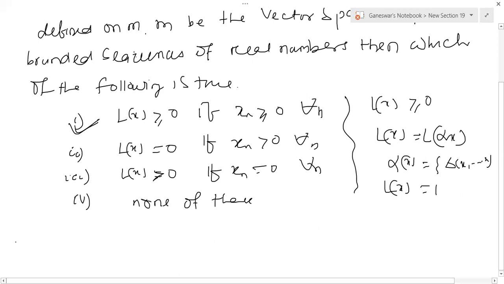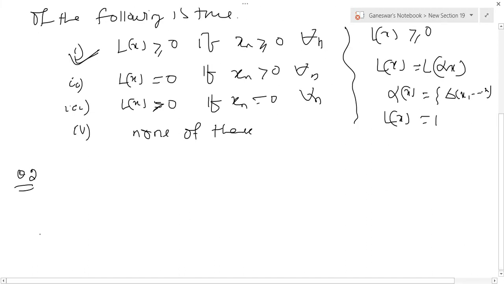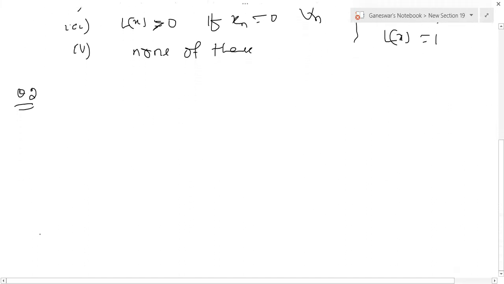Then second question, question number 2 for functional analysis.